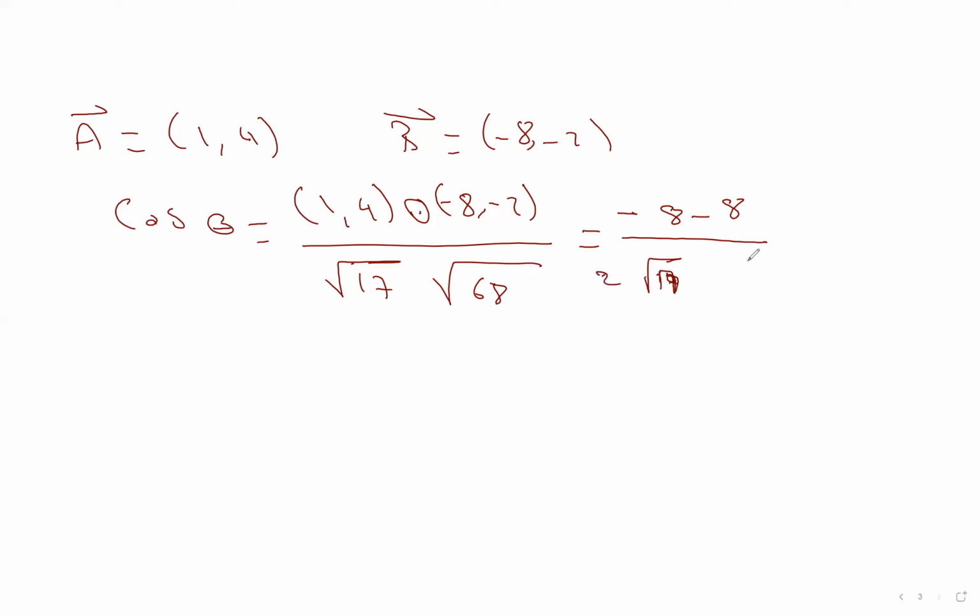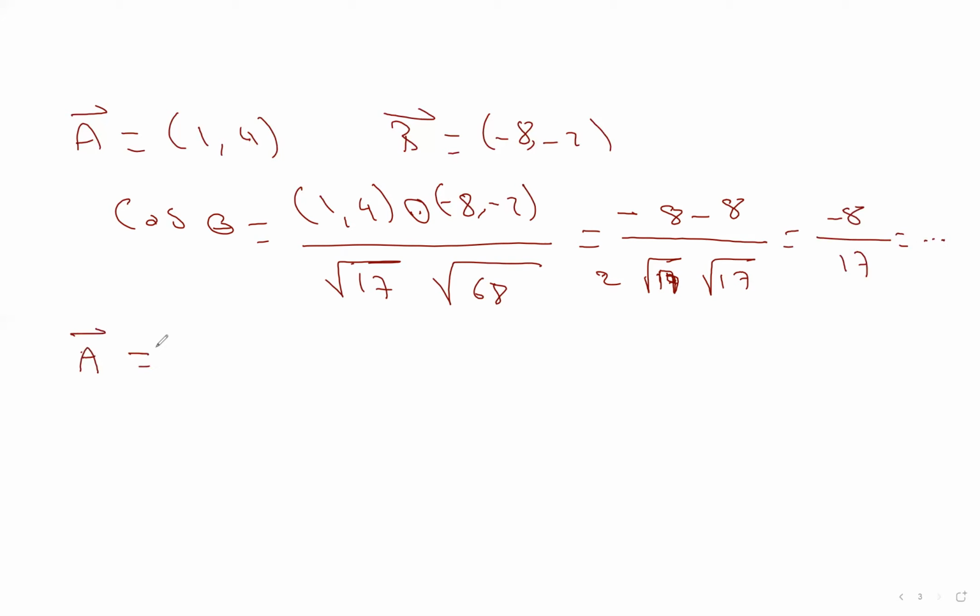Again, 1 times -8 and 4 times -2 will be -16, so -8 minus 8 is -16, divided by 17. Find it.